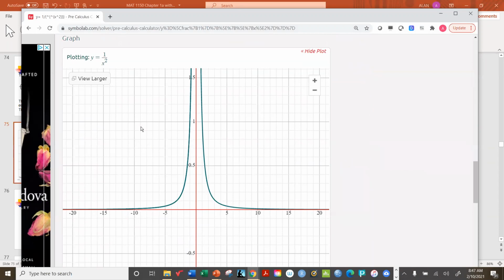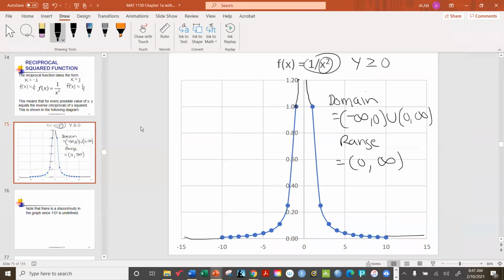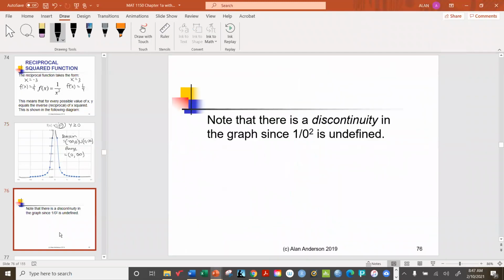And you can see the left and the right-hand side are mirror images of each other, but the function never quite touches either the horizontal or the vertical axis, and so we call those asymptotes. I think that's all we need to say about this function. And of course, like before, there's a discontinuity because we know that x can never be 0.